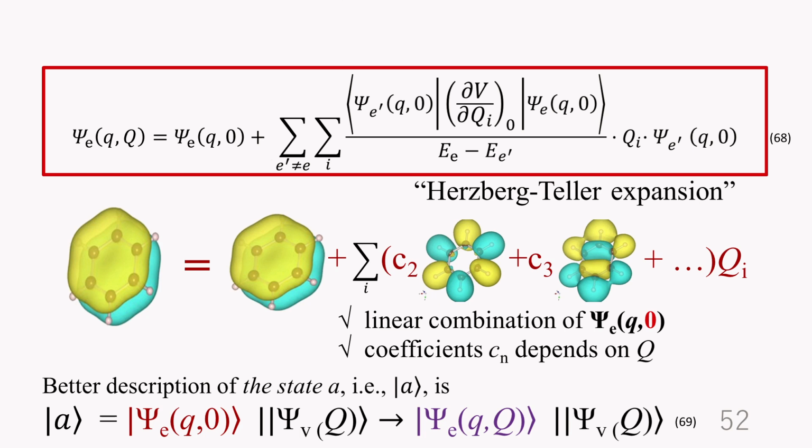The wave function of the electrons vibrating along the vibration coordinate Q is explained as a sum of the static wave function plus an additional term. The additional term consists of the coefficient, the vibration coordinate, and other wave functions at a static condition.